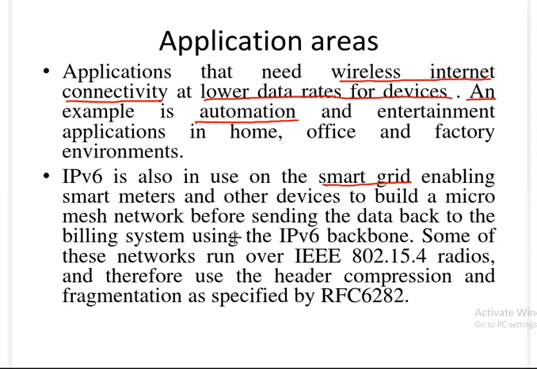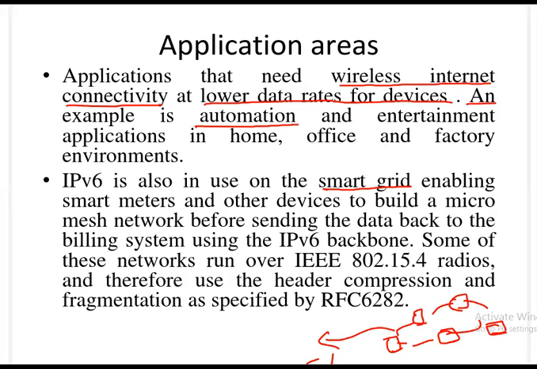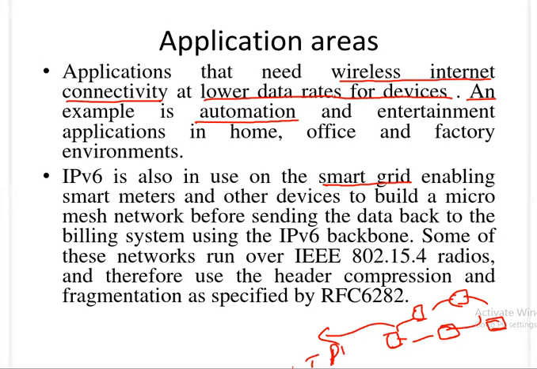So when we install the smart grid meters, each and every meter will form a mesh network when they are close together and communicate information with each other. Finally, this information will be communicated to the internet via IP version 6.